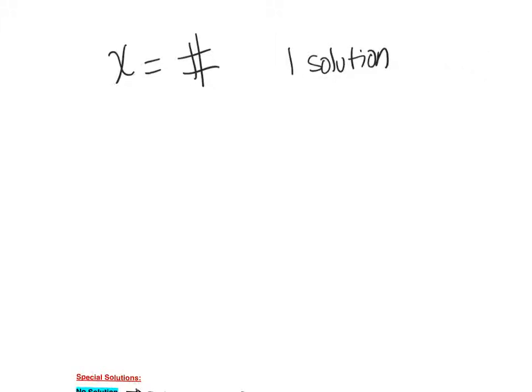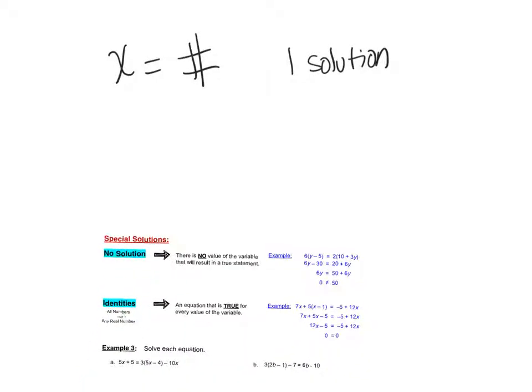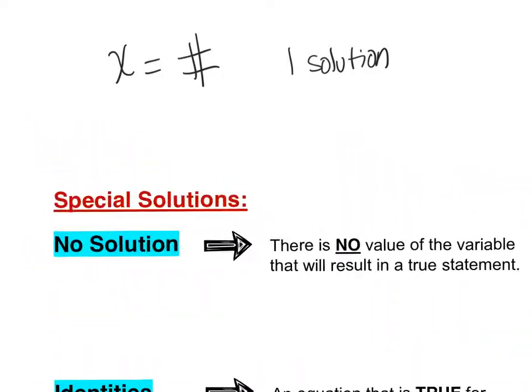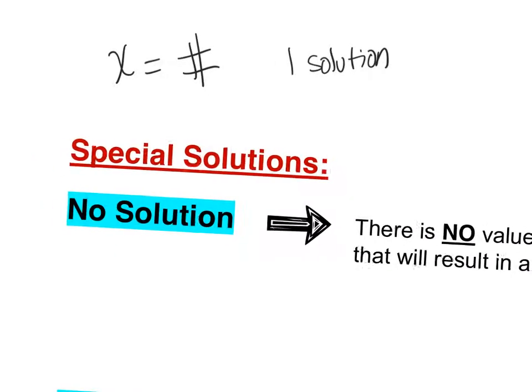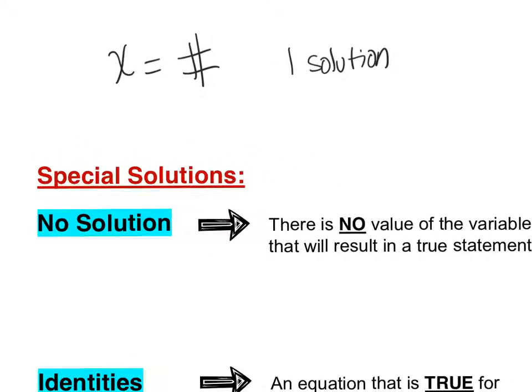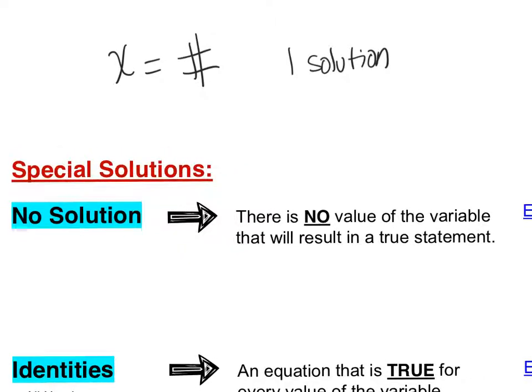The next type of solution that you can get is what's called no solution. No solution means that the equation is pretty much invalid because there's no value that's going to make the equation true.